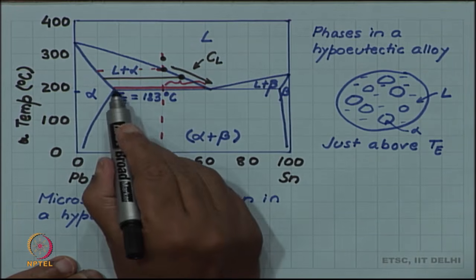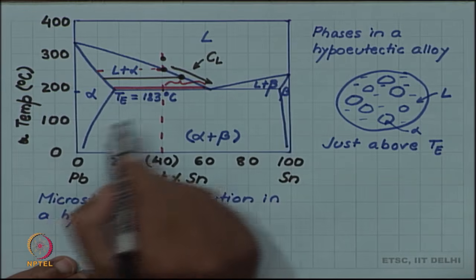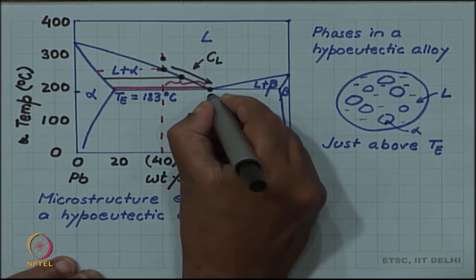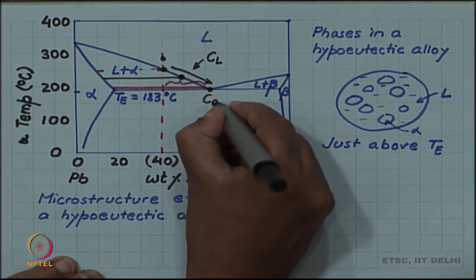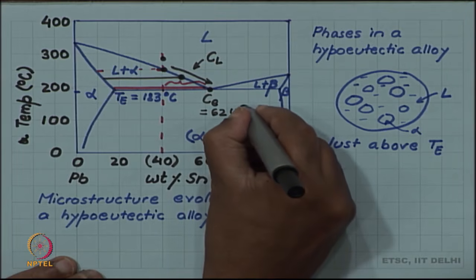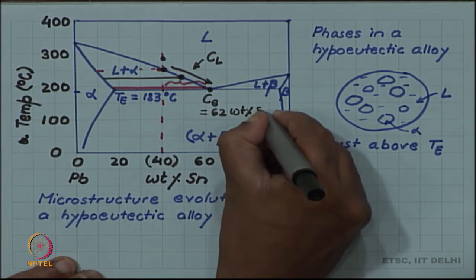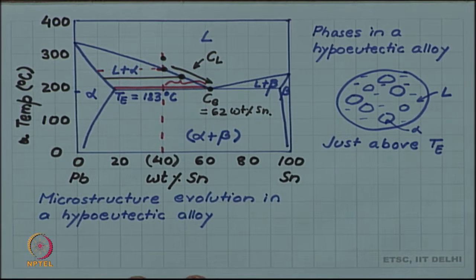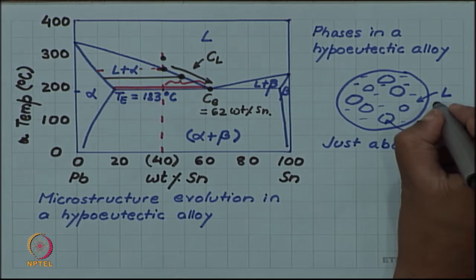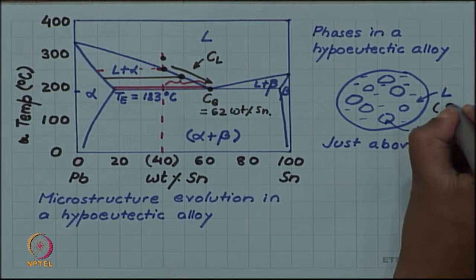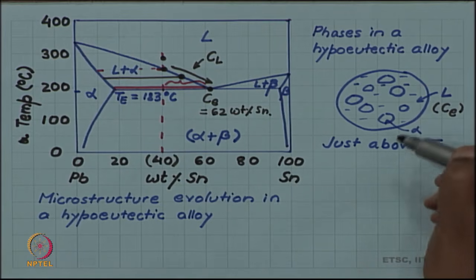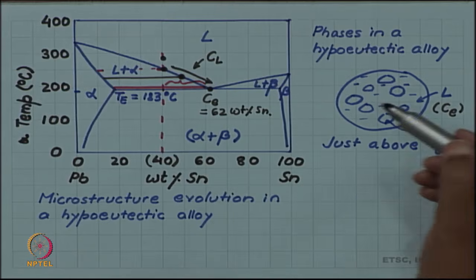Finally, just above the eutectic temperature, the liquid composition will reach exactly the eutectic composition Ce, which is 62 weight% tin. So, this liquid just above TE is exactly of the eutectic composition, and it is exactly at the eutectic temperature.